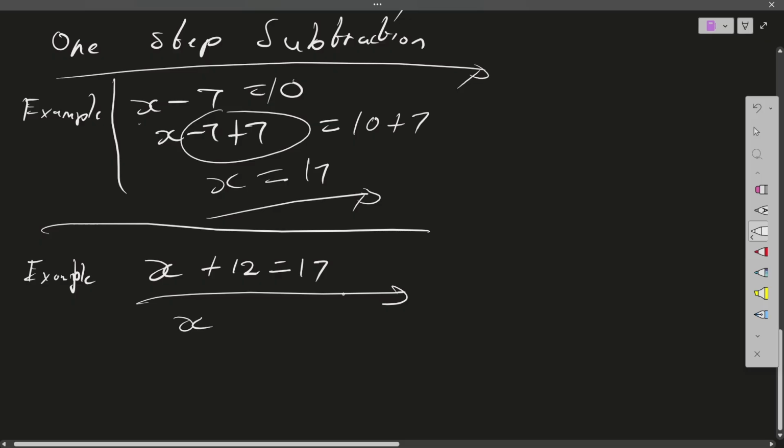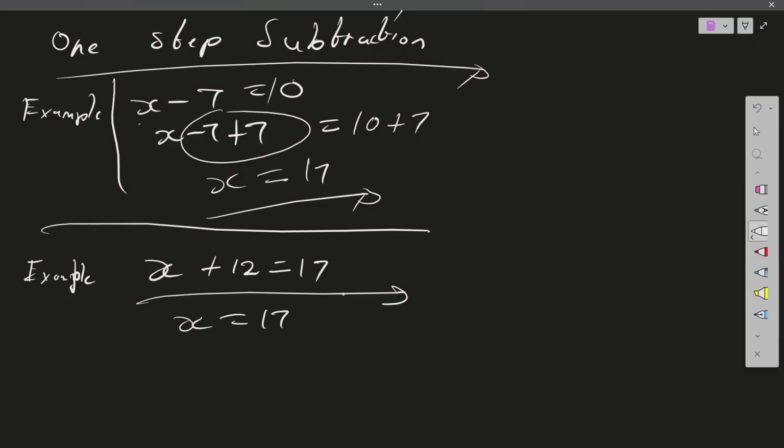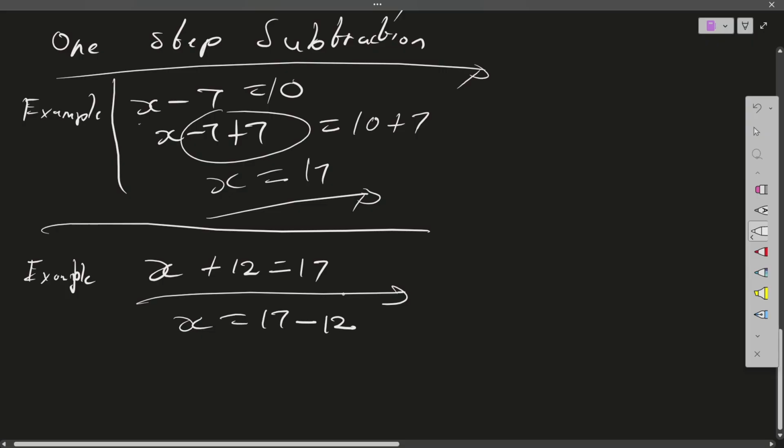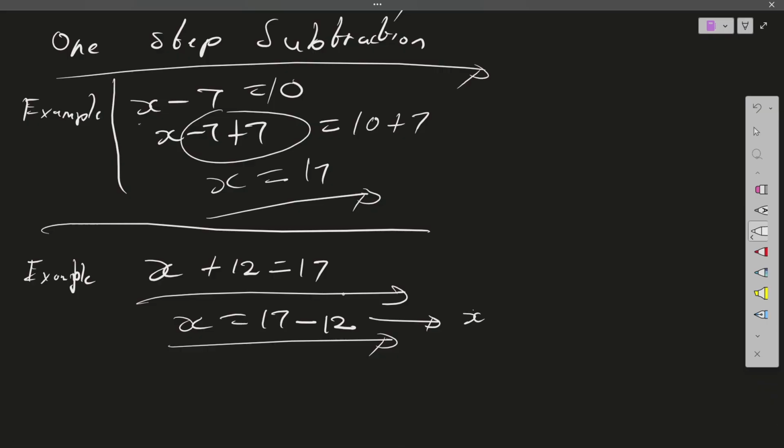We have a plus 12, so you remove that 12. So x is equal to 17 minus 12. You must be doing this very fast right now. So the answer here is x is equal to 5. You must do this very fast in your mind. You don't even need to think now.